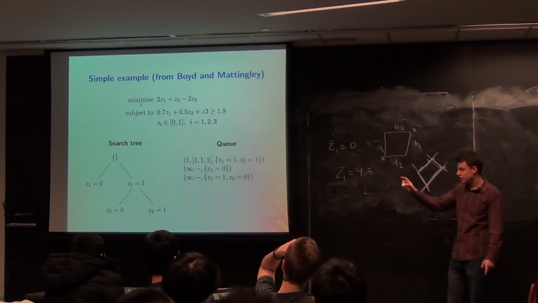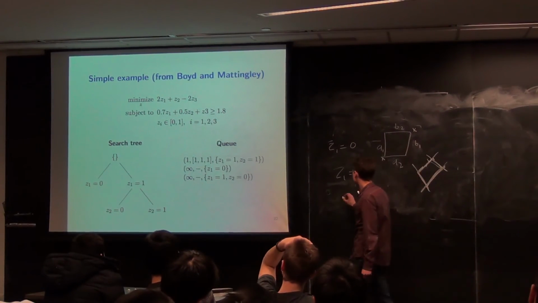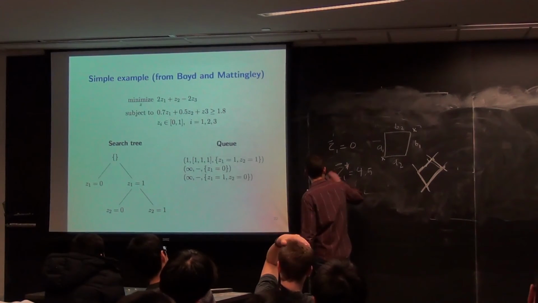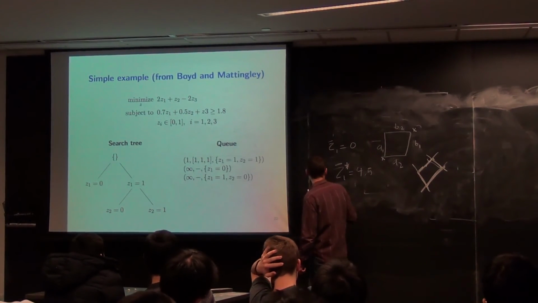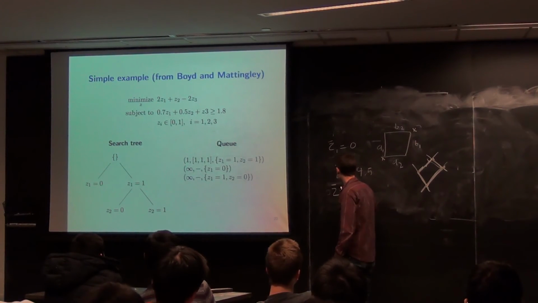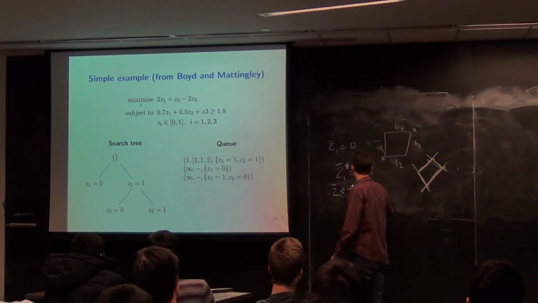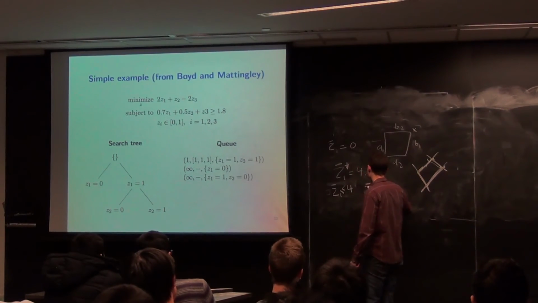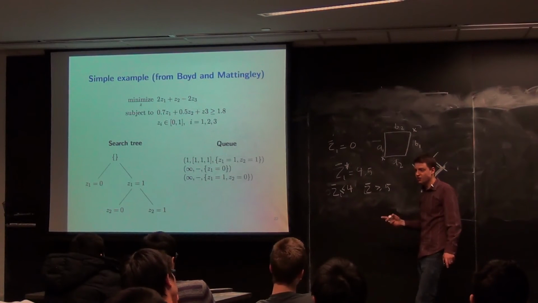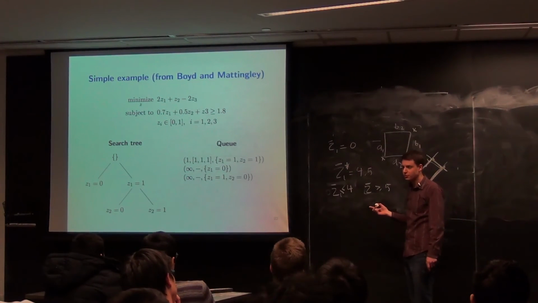What you do is you split in the same way, but you split with the constraint on Z_i, where Z_i star equals 4.5. You split with two constraints, saying that this is either less than or equal to 4 or greater than or equal to 5. So it's either greater than the ceiling of that or less than the floor of that. That's actually how you do it in the case of integer programs.